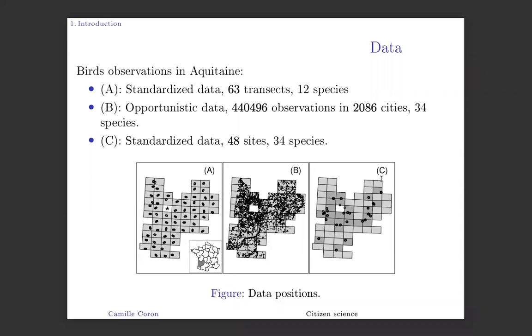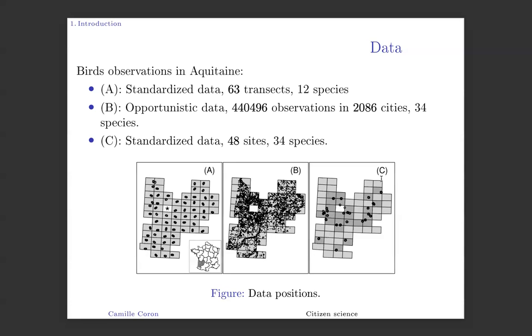So you can do anything you want. Here you see that we have a lot of observations, but the spatial repartition of these observations is not uniform, and we don't know the amount of time spent in each region of space. But we have a lot of data. And also there are 34 species. These are mainly common bird species.